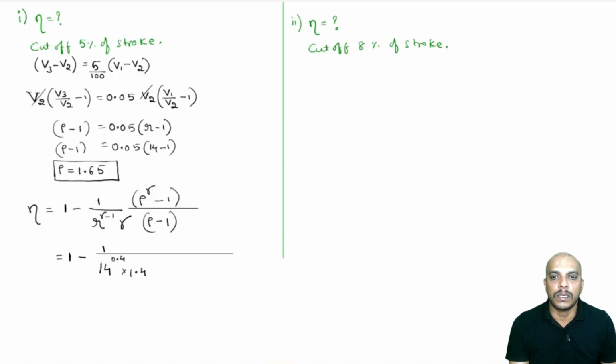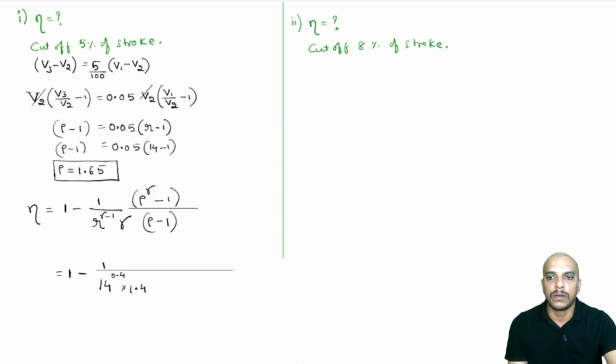Okay. So, in the numerator we have rho power gamma minus 1. So, rho is 1.65, gamma is 1.4, so 1.65 power 1.4, minus 1. So, be careful, it is not gamma minus 1 in the exponent, it is 1.65 power 1.4 minus 1.